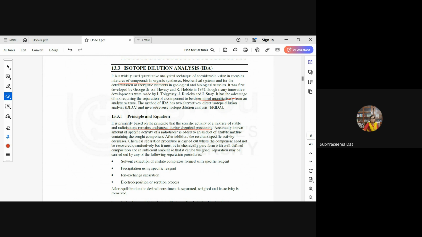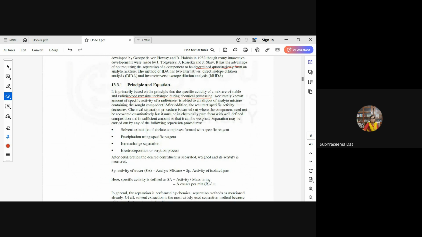Then the chemical separation is carried out, where the component need not be recovered quantitatively, but it must be chemically well defined from the composition. The separation may be carried out by solvent extraction, precipitation using a specific reagent, ion exchange, or electrode deposition.